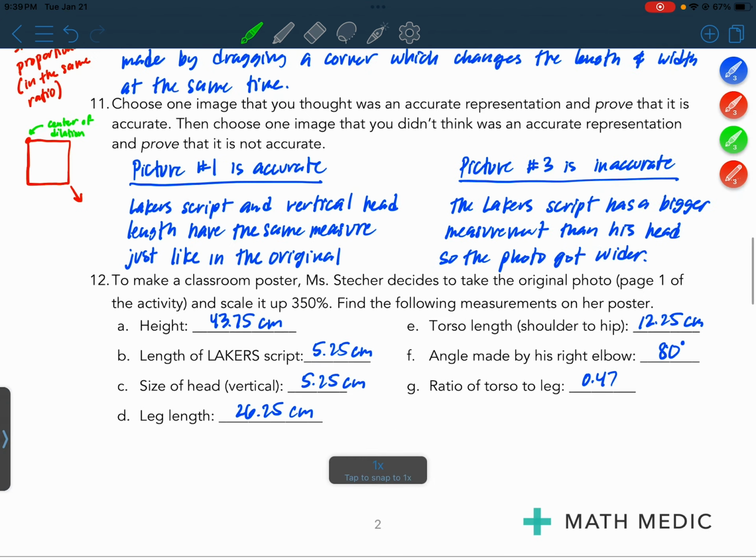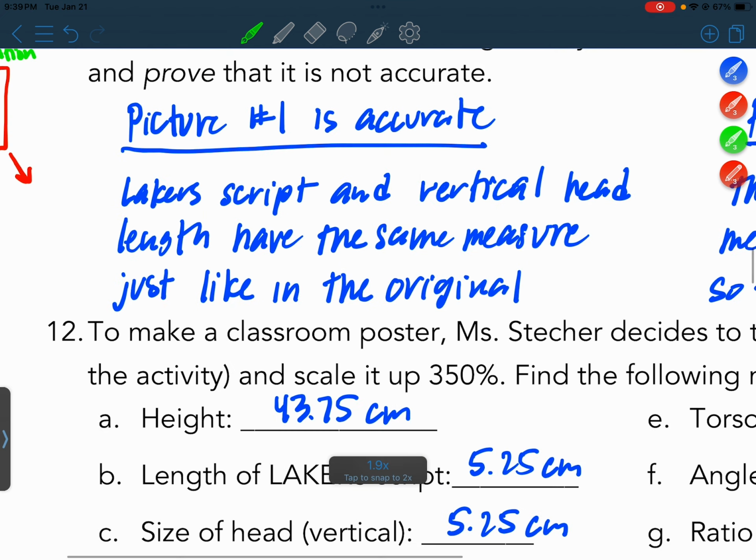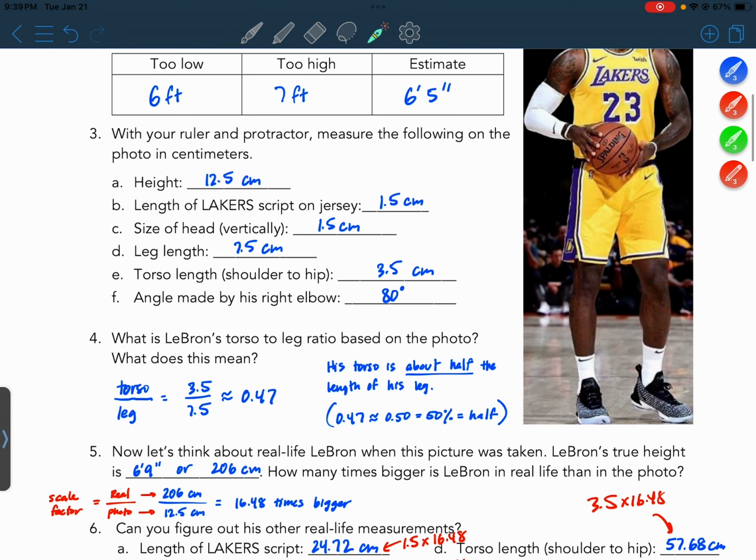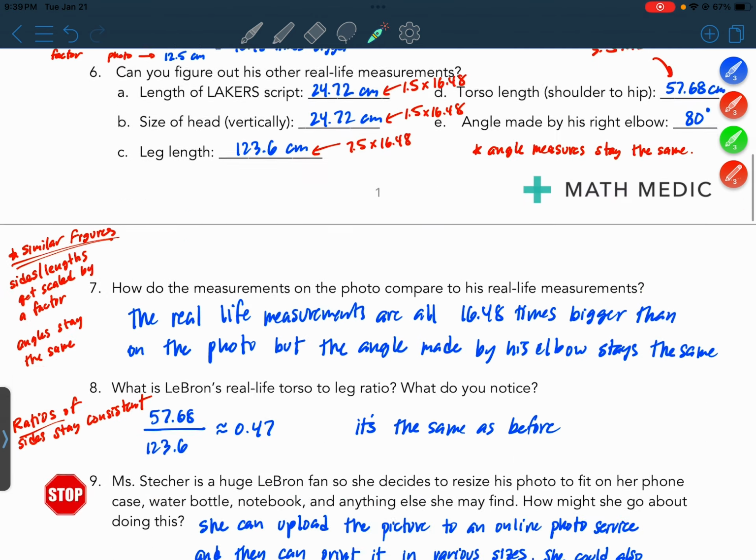All right, question 11. Choose an image that you thought was accurate, prove it. Choose an image you thought wasn't accurate, and prove it. So I chose to look at picture number 1. What I did is I just looked at the length of the word Lakers on the jersey and the length of his head. And if it was the same measurement, which it was, then I knew it was accurate because in the original photo, those two measurements were the same. I got 1.5 centimeters for both of those measurements in the original photo.